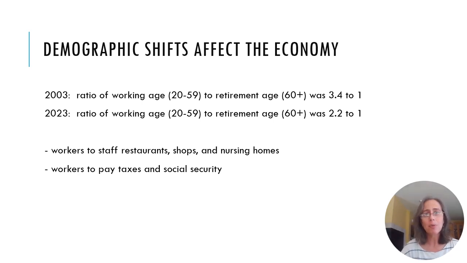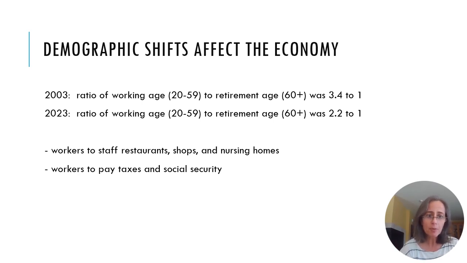So these are the people who are staffing our restaurants and our shops and our nursing homes and our schools and all of the other services that we all rely on, right? Our police departments, our fire departments, social workers, you name it, right? Construction, working in industry.